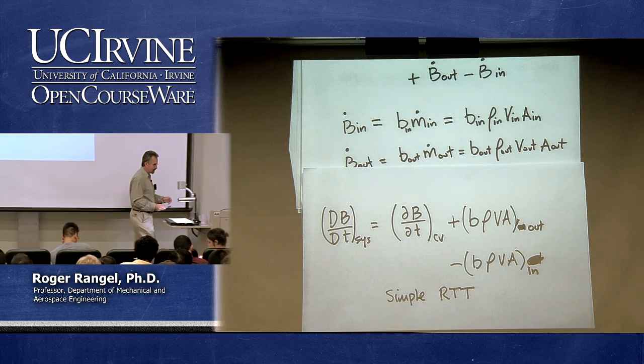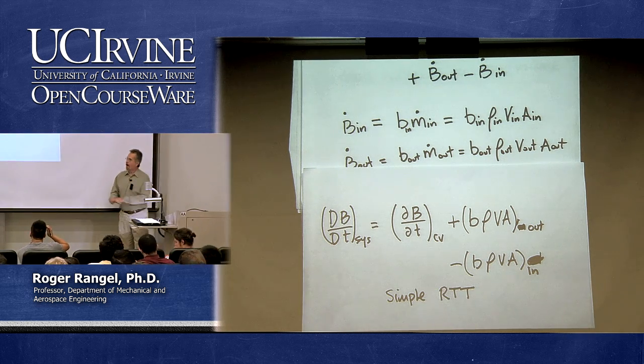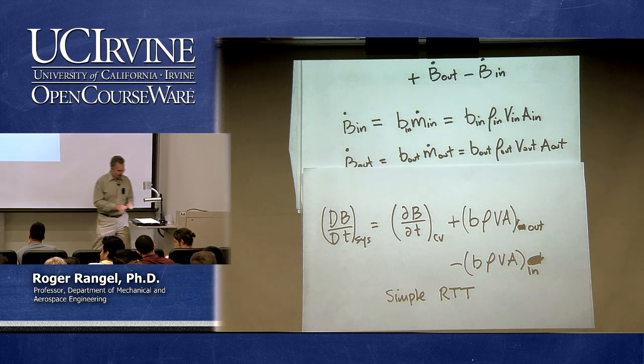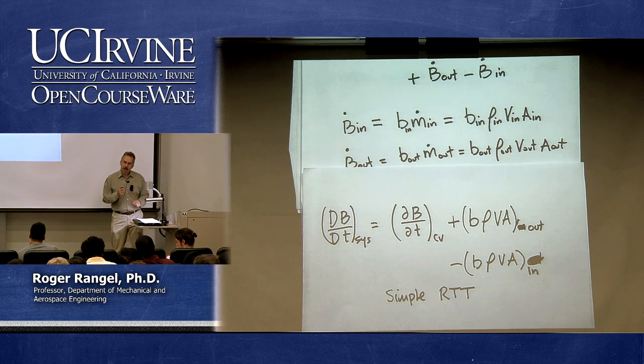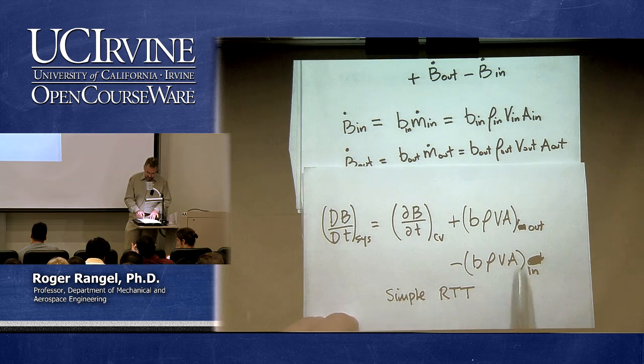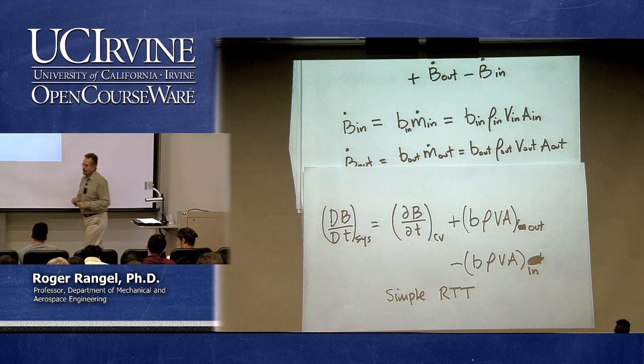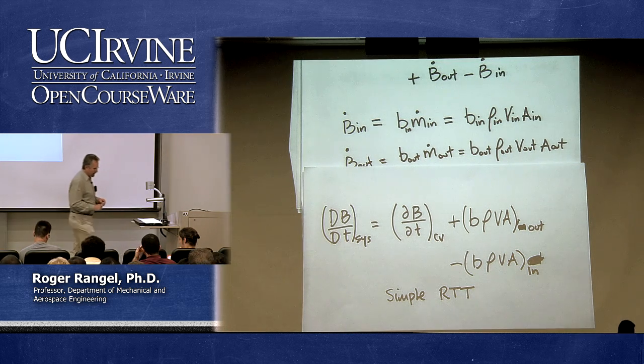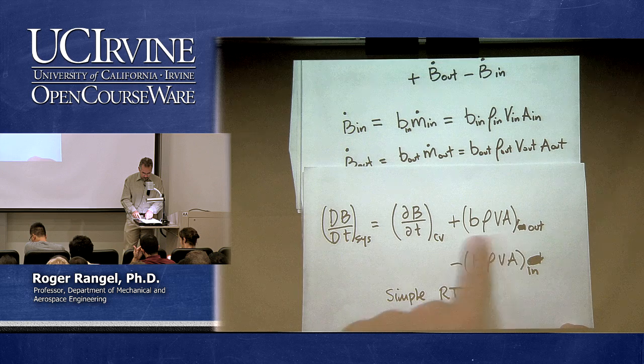If you thought this was difficult, wait until you see the more comprehensive one. But it only has to do with the way we calculate these terms, the time variation in the control volume and the fluxes.